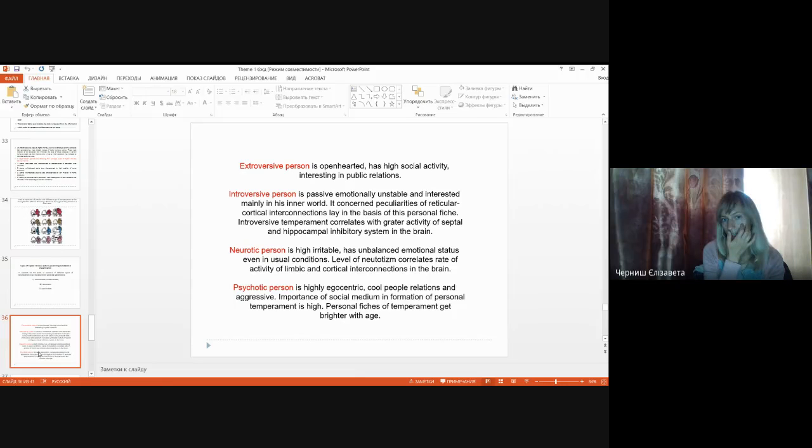Especially if we talk about the neurotic person: neurotics are highly irritable and have an unbalanced emotional status. So there is a very high level of reaction to different processes in the environment. Fear. The psychotic person is highly egocentric.